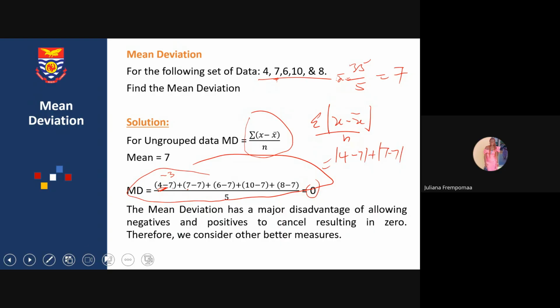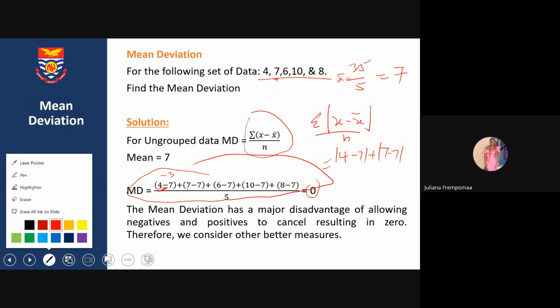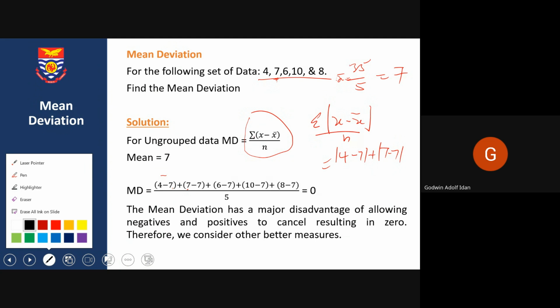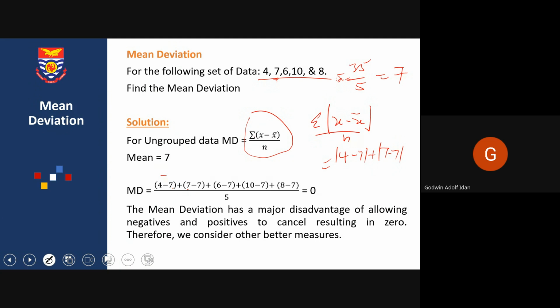I had negative 1.2. You said you are not working with negatives. Okay. So it means that this one will be 3 plus 0 plus 1 plus 3 plus 1.